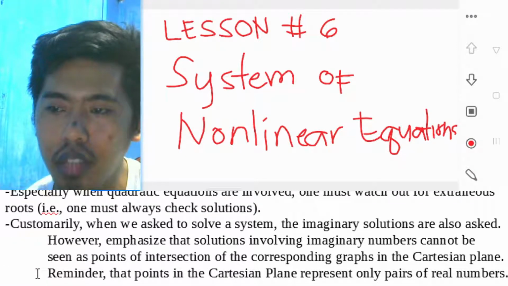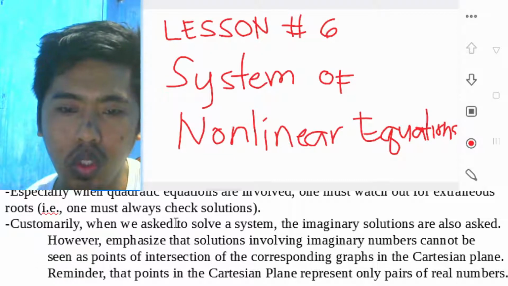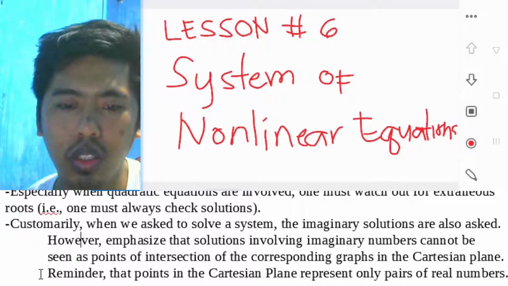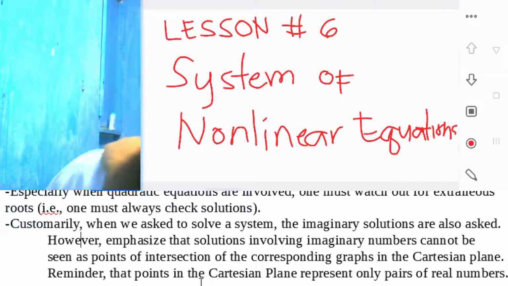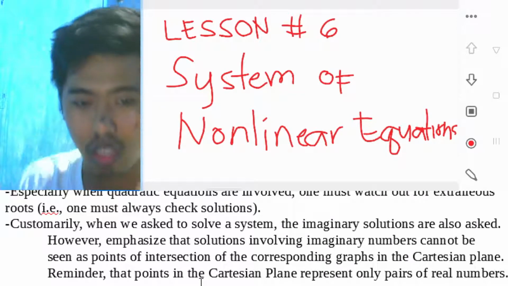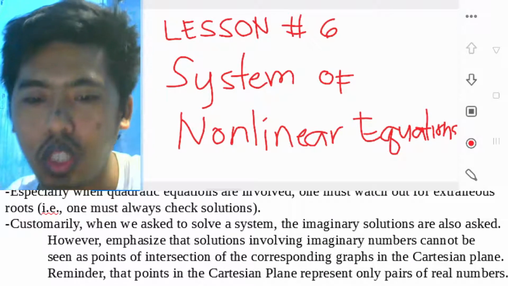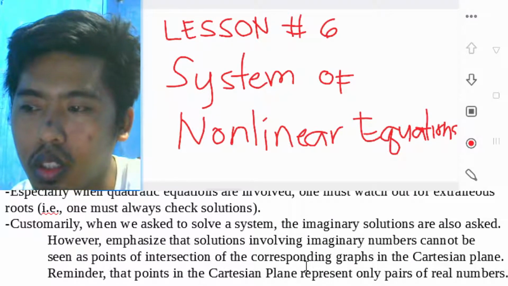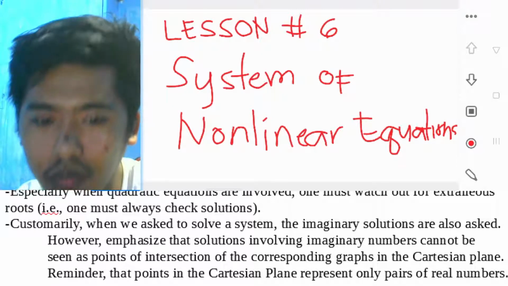Next, customarily, when we are asked to solve a system, the imaginary solutions are also asked. However, emphasize that solutions involving imaginary numbers cannot be seen as points of intersection of the corresponding graphs in the Cartesian plane.